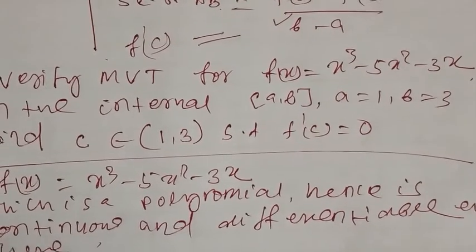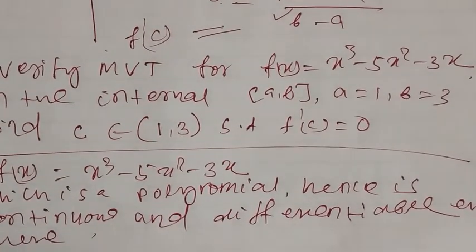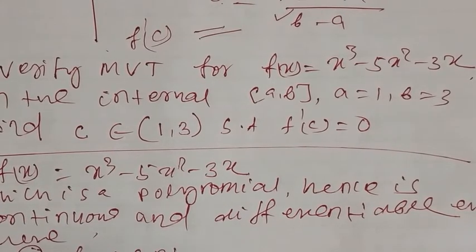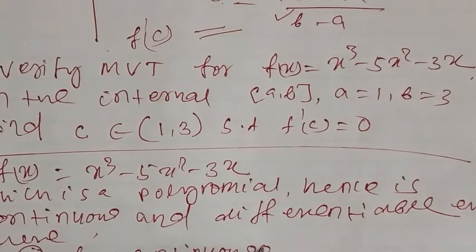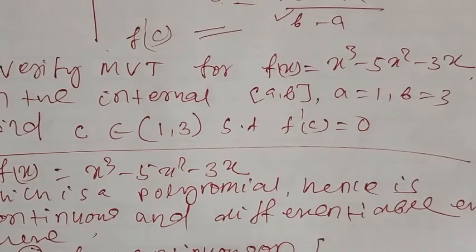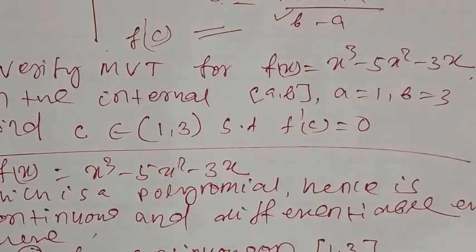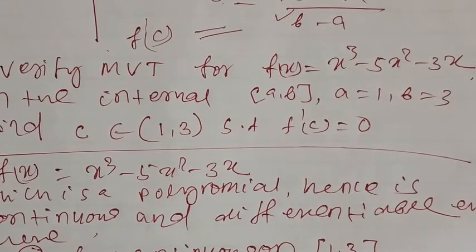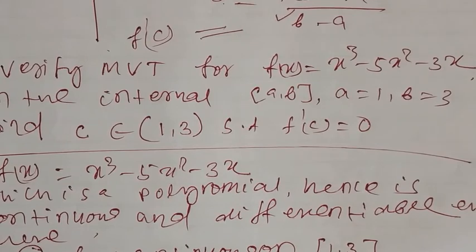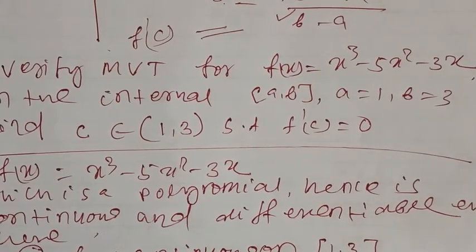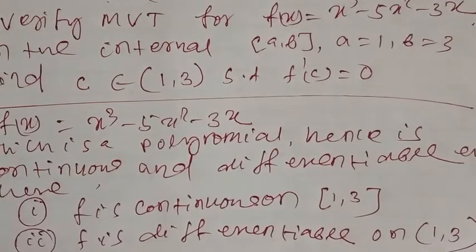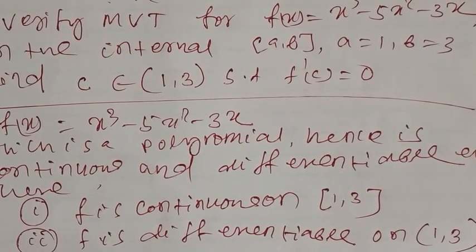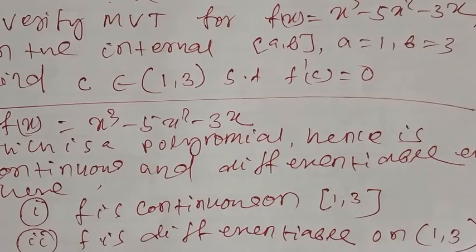Therefore, first, f is continuous on AB, meaning 1, 3. And f is differentiable on open interval 1, 3. Now, what is f dash x? 3x square minus 10x minus 3.